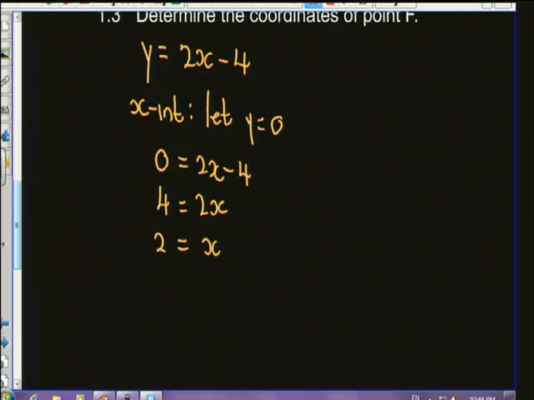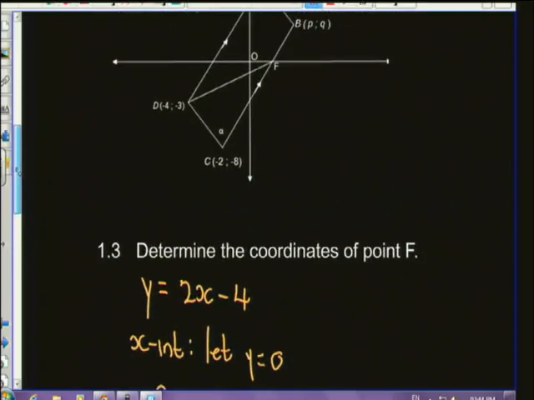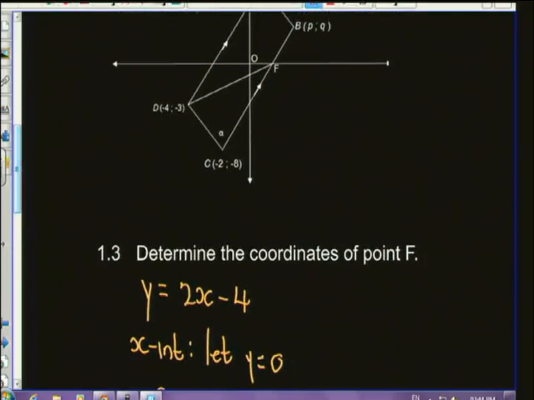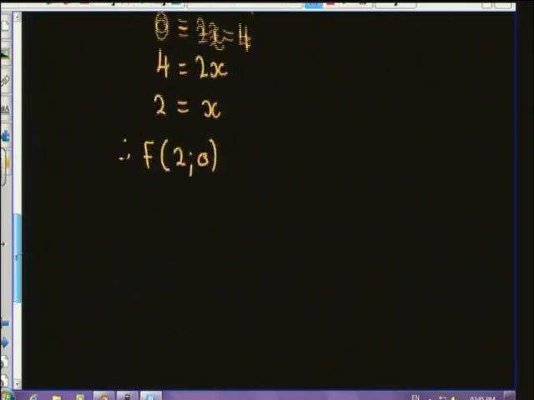So the x coordinate of point F is 2. That means the coordinates of F are 2, 0, because it's on the x-axis. So to answer the question, the coordinates of F are 2, 0. That's 1.3 answered.